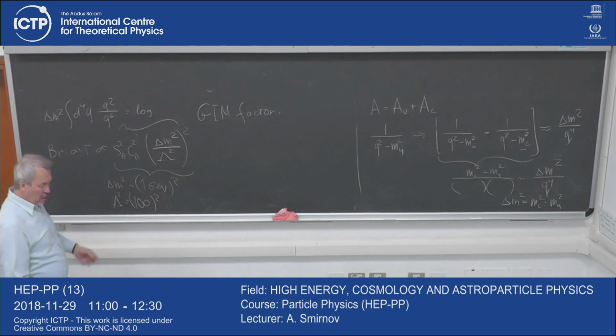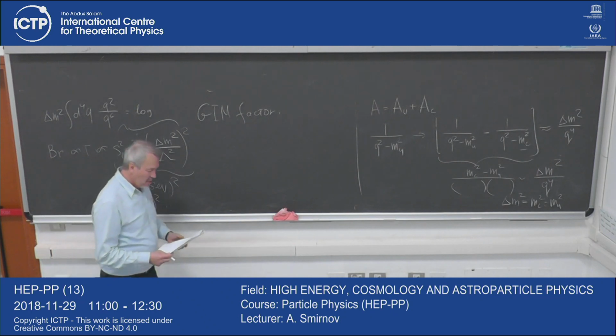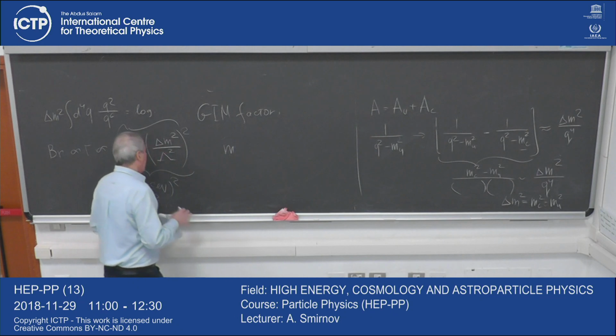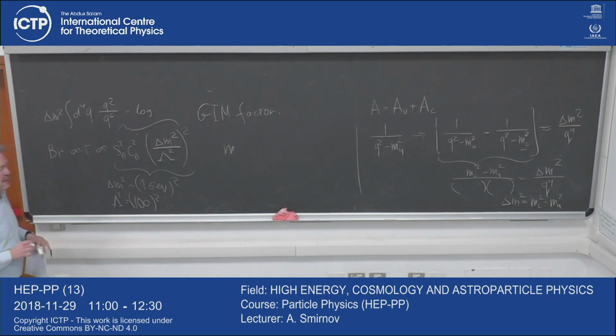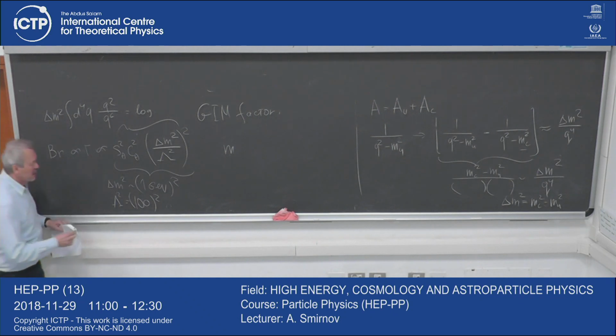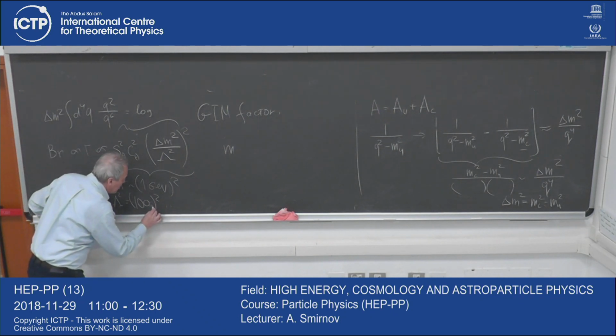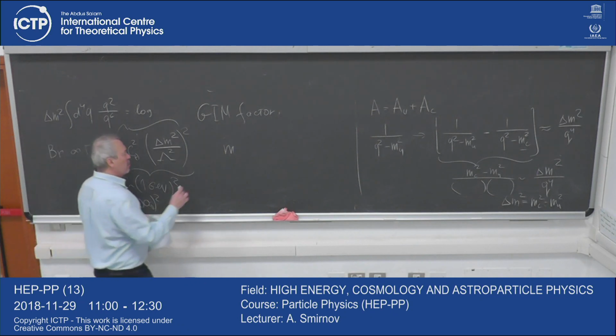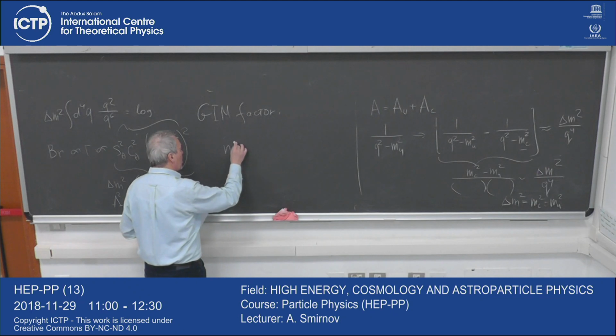That actually also allowed making an estimation of the mass of the charm quark. At that time the standard model had already been introduced, and the scale around 100 GeV, which is the scale of the mass of the W boson, was already known, and that allowed putting a bound on the mass of the charm quark.